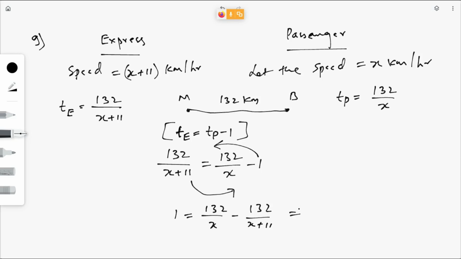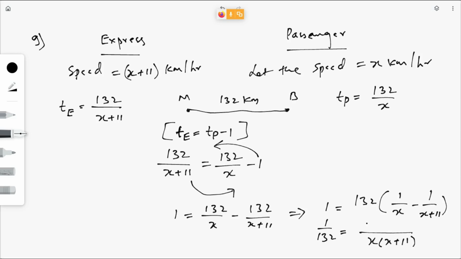Now take 132 common: 1 is equal to 132 times 1 by x minus 1 by x plus 11. Now take this 132 here. 1 by 132 is equal to, LCM x into x plus 11, and then x plus 11 minus x.